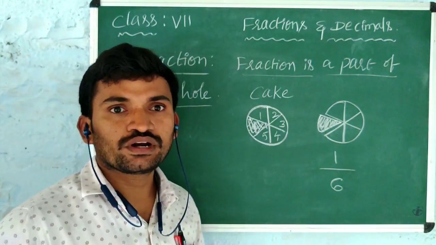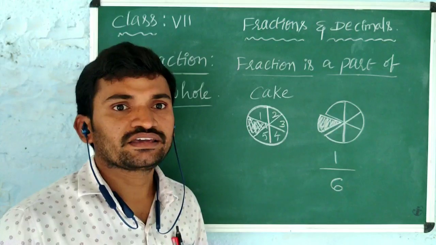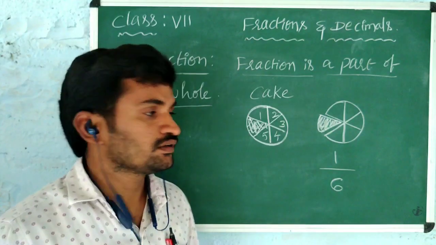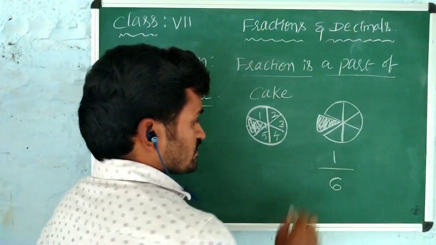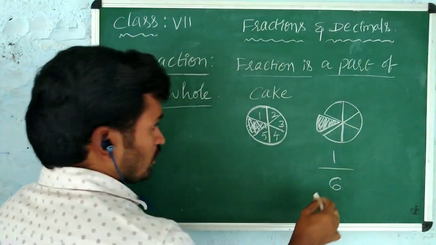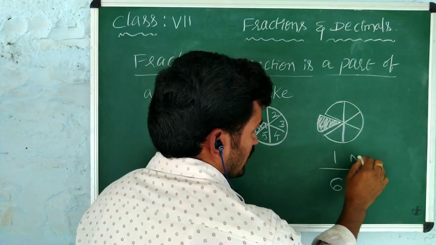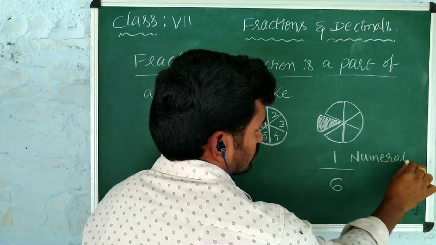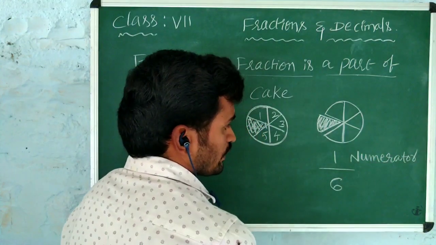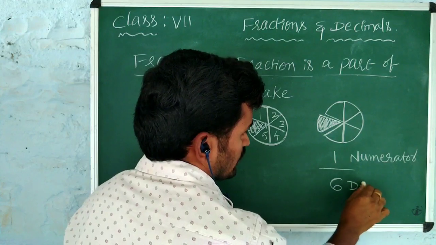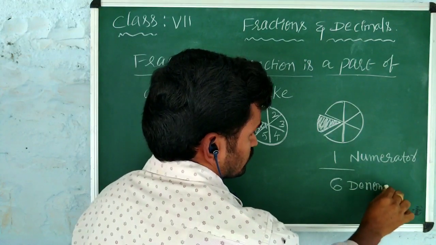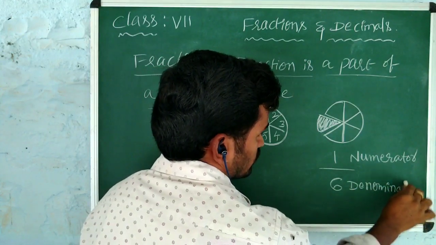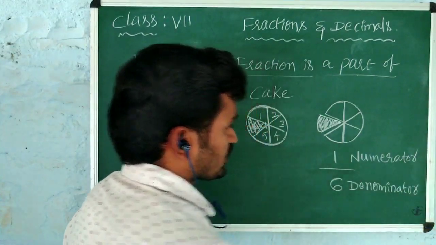Why? Because only one piece I gave to others. Totally 6 parts are there. So here 1 is called the numerator, 6 is called the denominator. Do you understand these two terms?